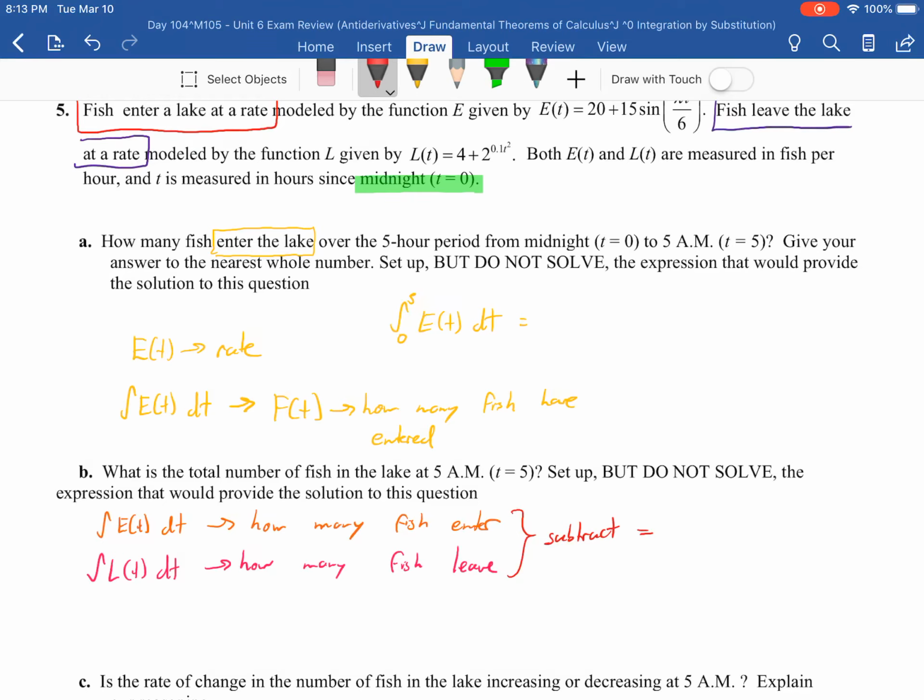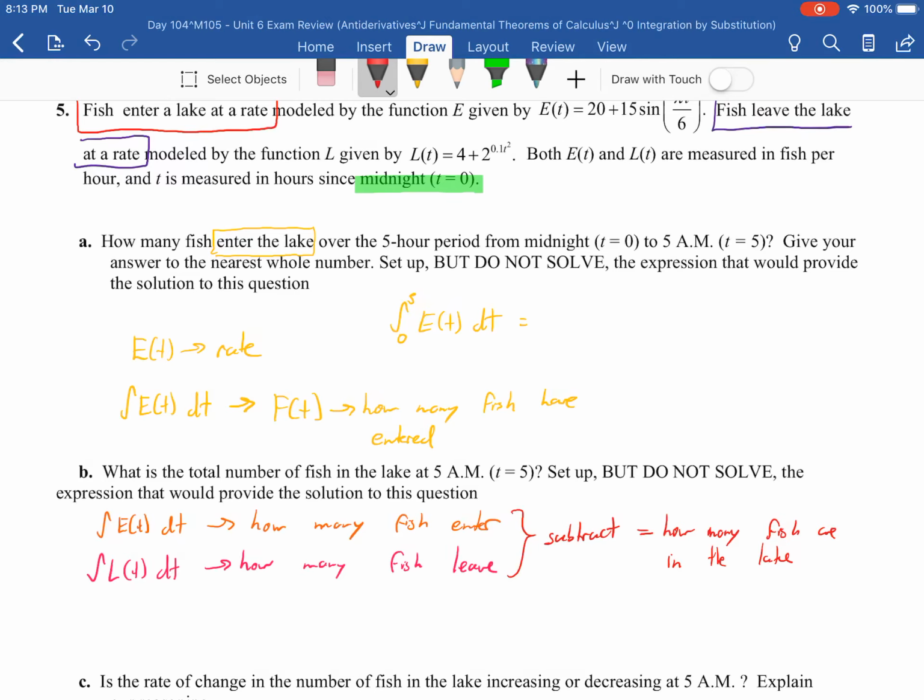It gives you how many fish are in the lake. Okay, so if you subtract these two quantities, it's going to give you how many fish are in the lake.